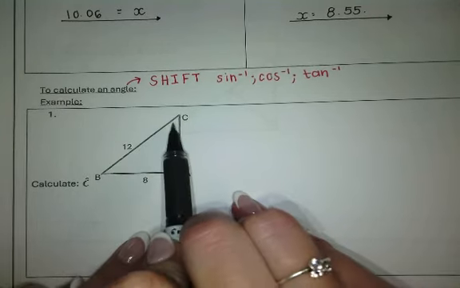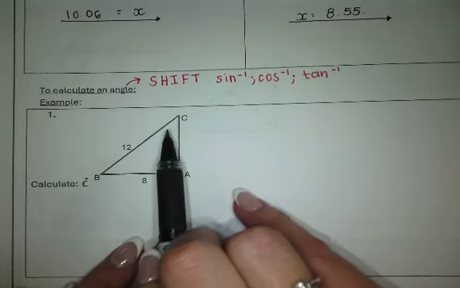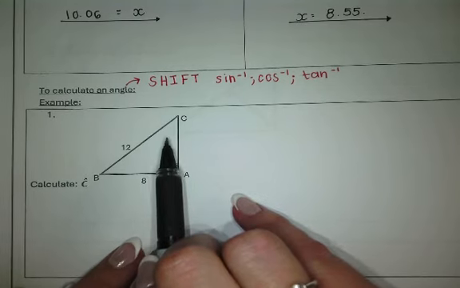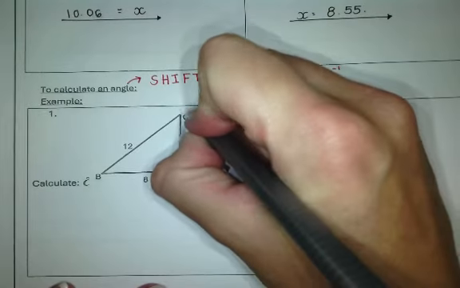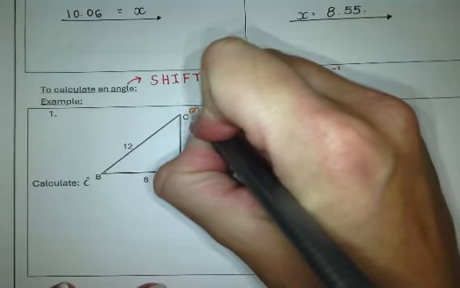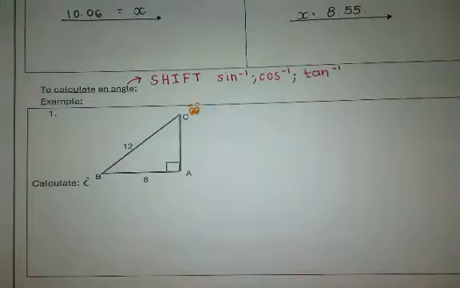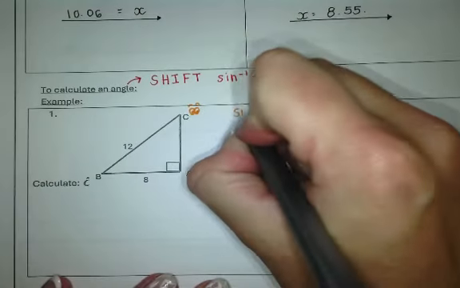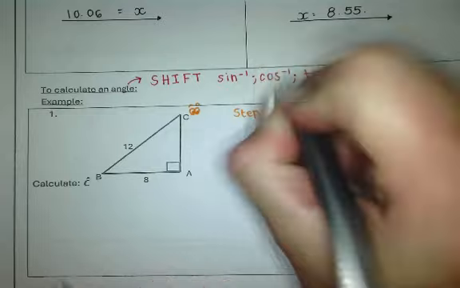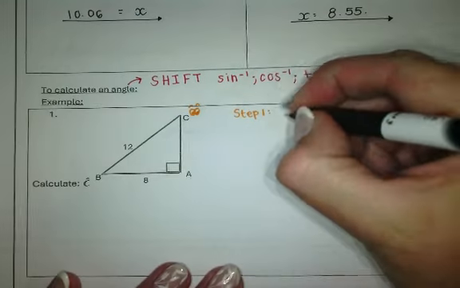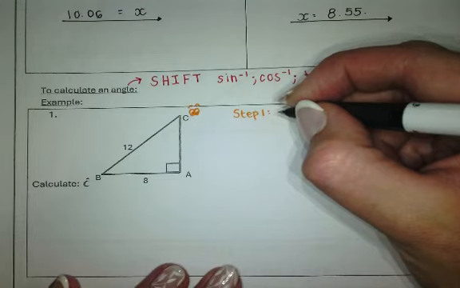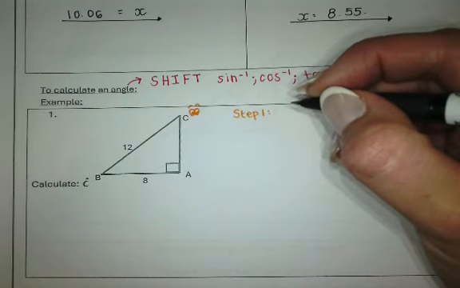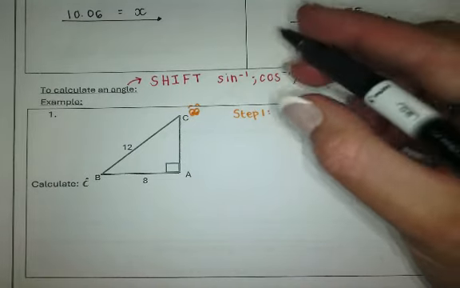So they want us to calculate angle C. So angle C is going to be our reference angle. Are you with me? Our eyes are going to be drawn over here. So our first step is to find your reference angle, or rather, not find, because they're going to give you which angle they want.